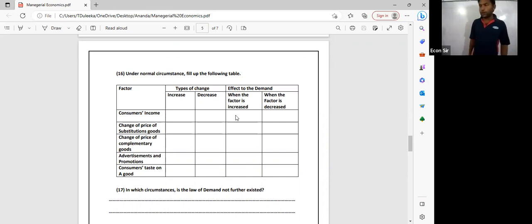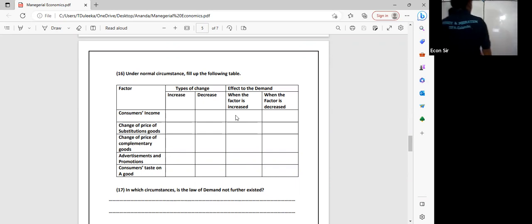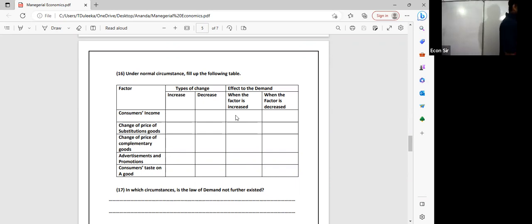Substitution goods means what? One good can be used instead of the other one. You can consume rice instead of wheat flour.